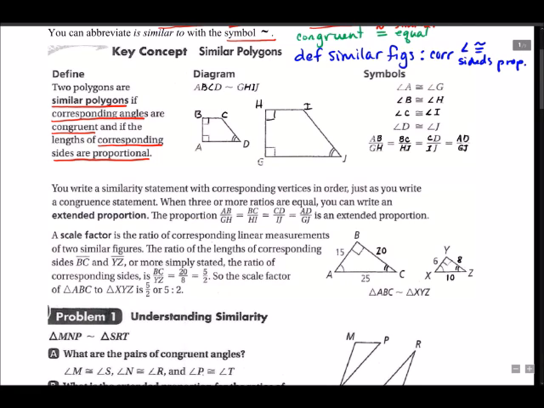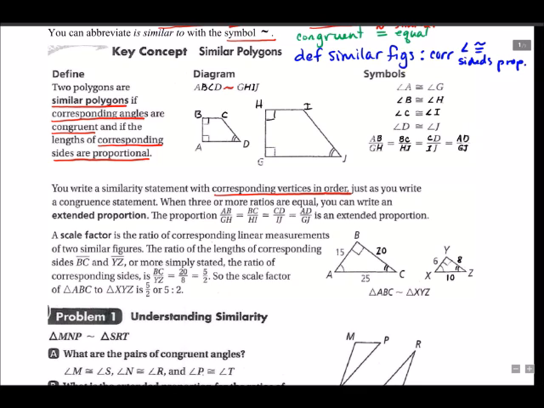We are told that quadrilateral ABCD is similar to quadrilateral GHIJ. Now, just like in our congruent statement, a similar statement uses corresponding vertices in order.